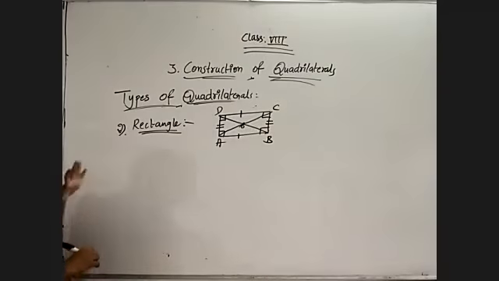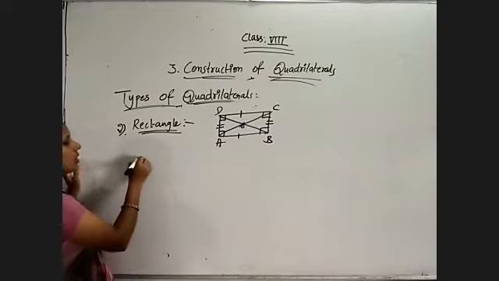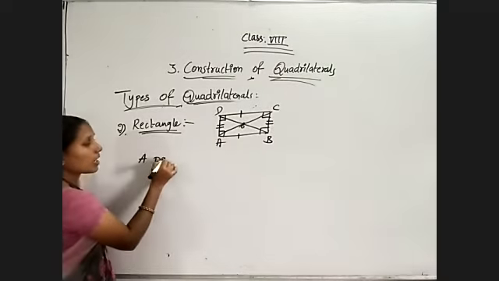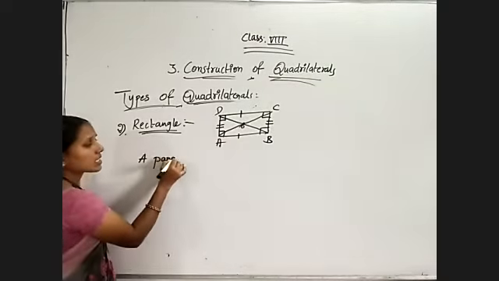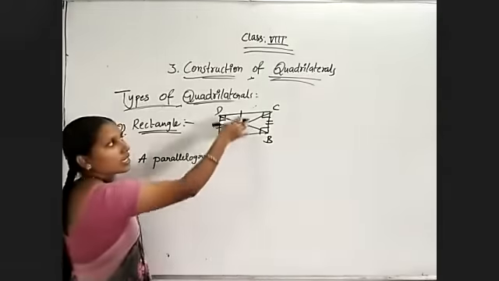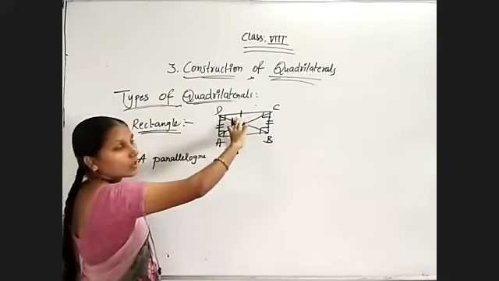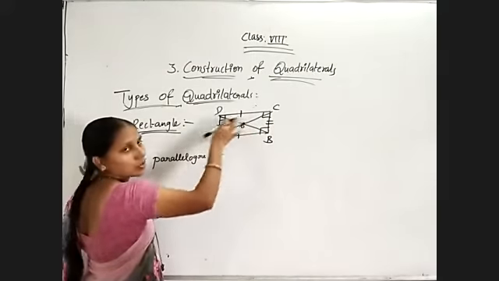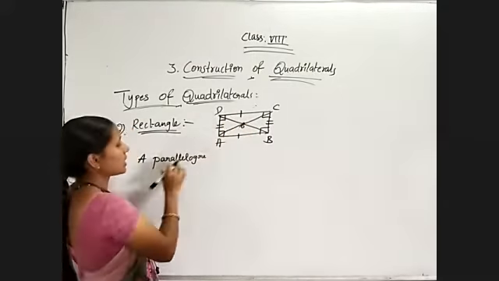So this definition is given like this. A parallelogram, in the sense a quadrilateral which has opposite sides equal and parallel. So AB is equal to CD. Opposite sides are equal and AB is parallel to CD. So that's why it is referred to as a parallelogram.